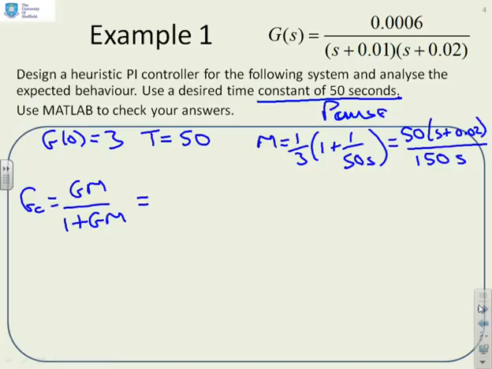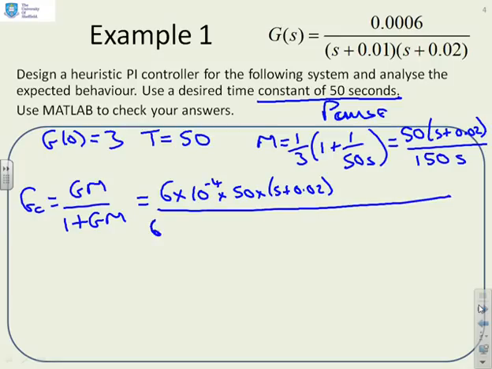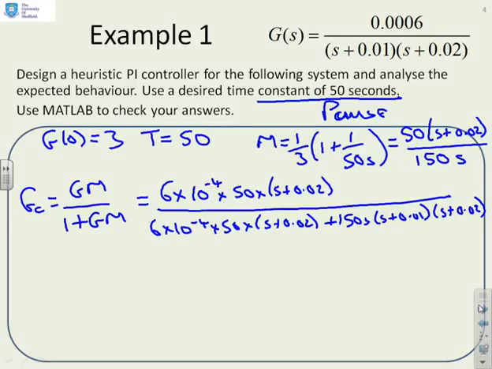It's a bit messy, but just live with it. 6 times 10 to the minus 4 times 50 times (s plus 0.02), all divided by, and we're going to get the same term again, 6 times 10 to the minus 4 times 50 times (s plus 0.02), and then you're going to get plus 150s into (s plus 0.01)(s plus 0.02). Now hopefully you'll notice there's a common factor here. I can cross that, that, and that. So there's a common factor throughout.